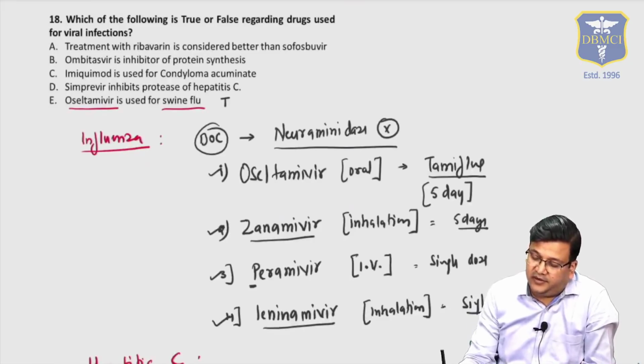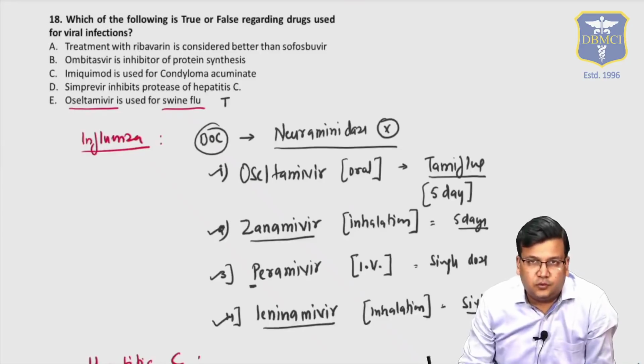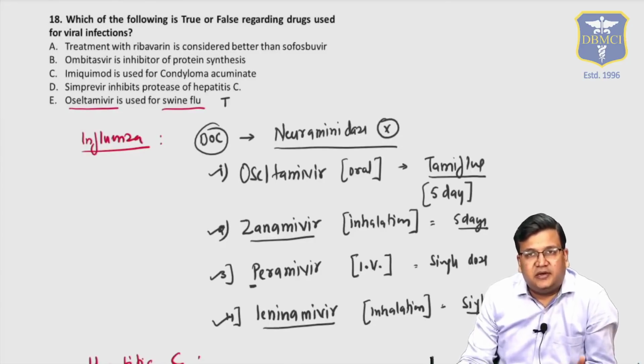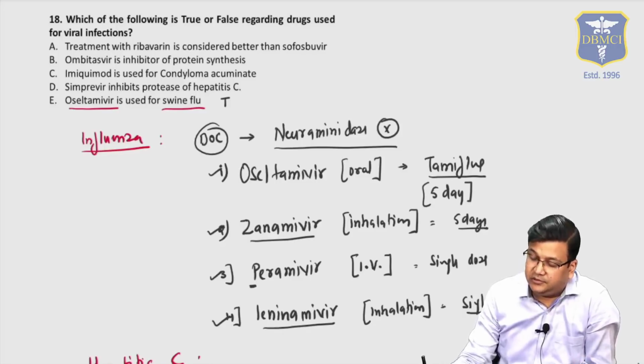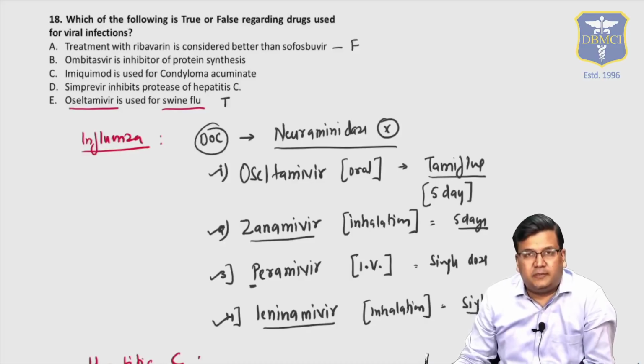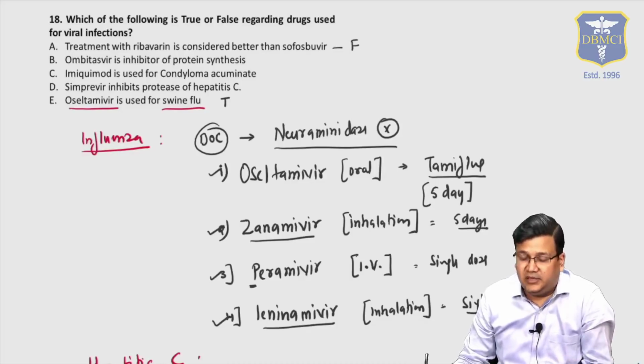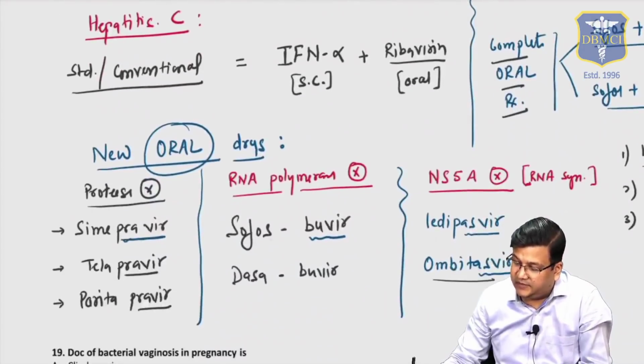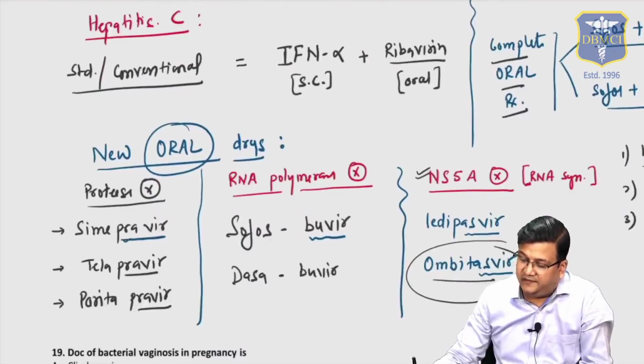Treatment with ribavirin is considered better than sofosbuvir. As I have told you, sofosbuvir based combinations are replacing ribavirin based combinations, so this is a false statement. Sofosbuvir based are more highly effective than ribavirin based. Ombitasvir, if you will recall, here it is ombitasvir, NS5A inhibitor.